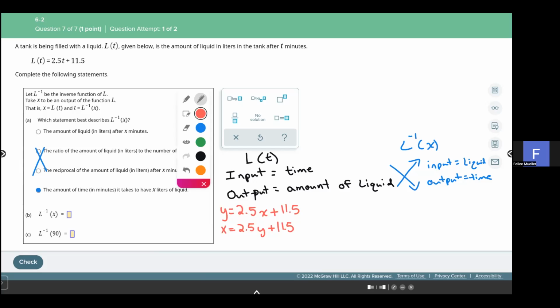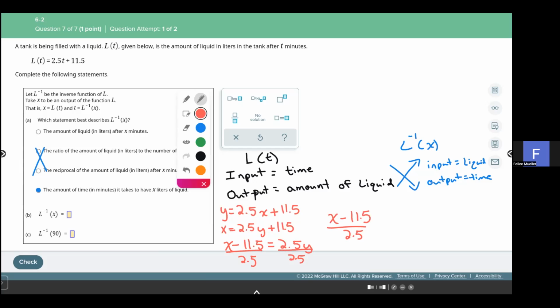So we're going to subtract 11.5 from both sides. And now we're going to divide everything by 2.5. Okay, they do give me a calculator, that's great. So we're going to get x minus 11.5 over 2.5.